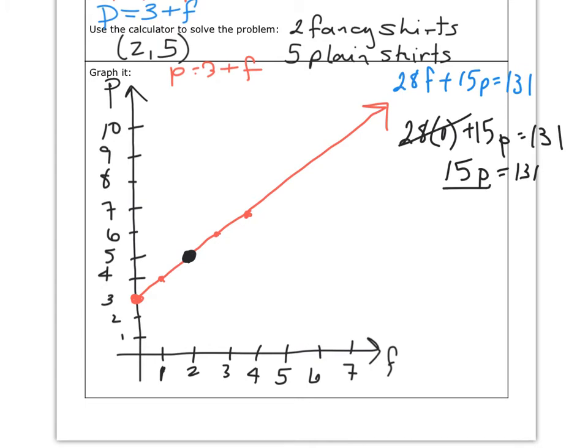If I divide both sides by 15, it's 8.73333, 8.7, 3 repeating, right?